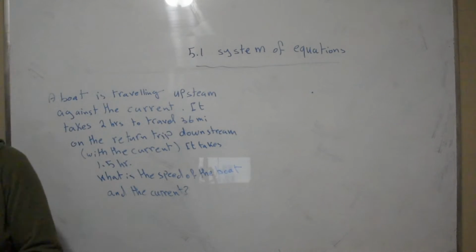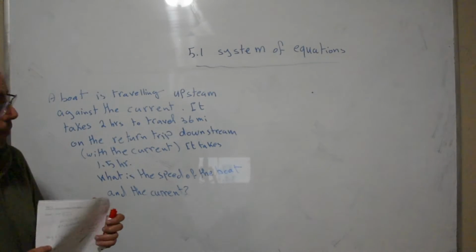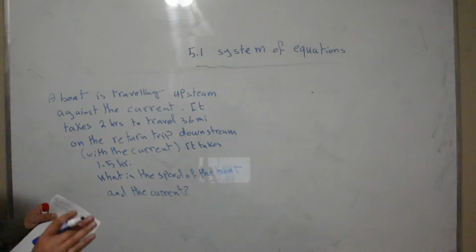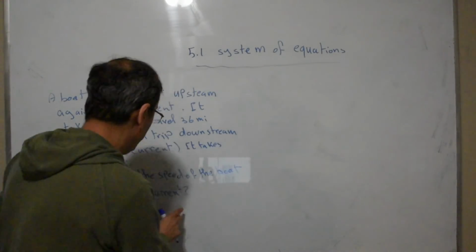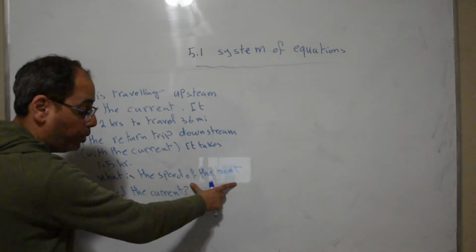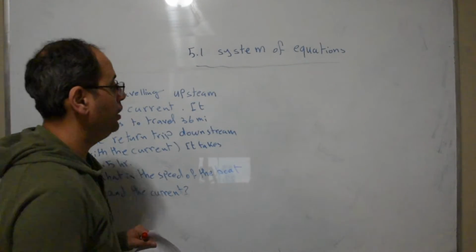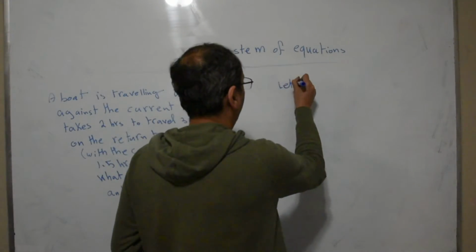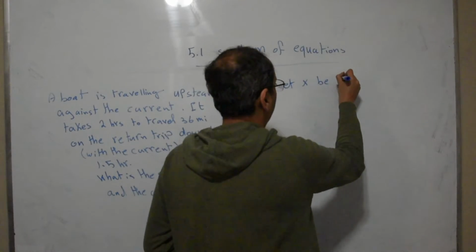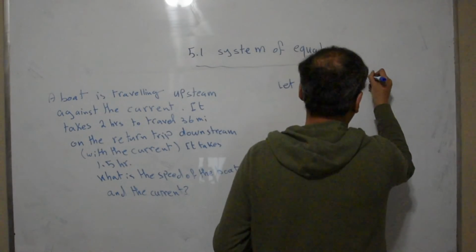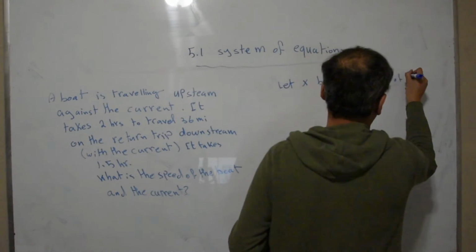Okay, so now I have two things. The first thing, I have two unknown variables, the speed of the boat and the speed of the current. So let x be the speed of the boat.